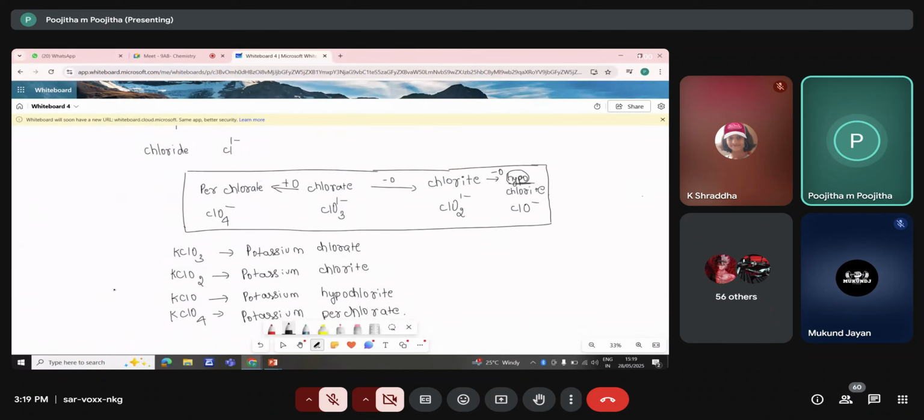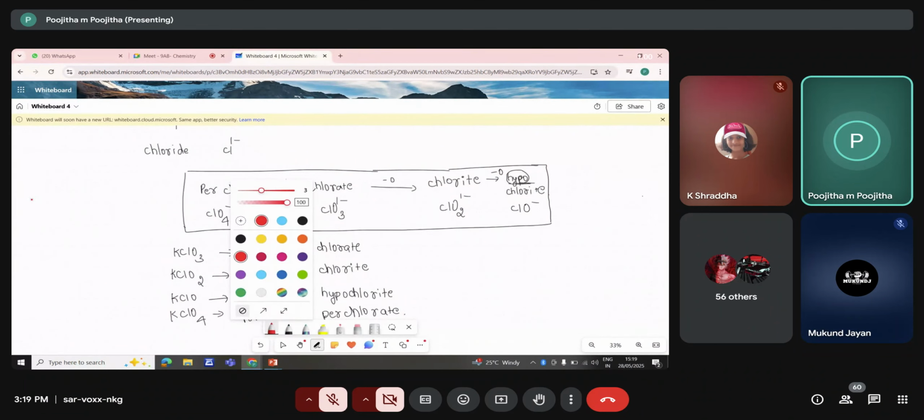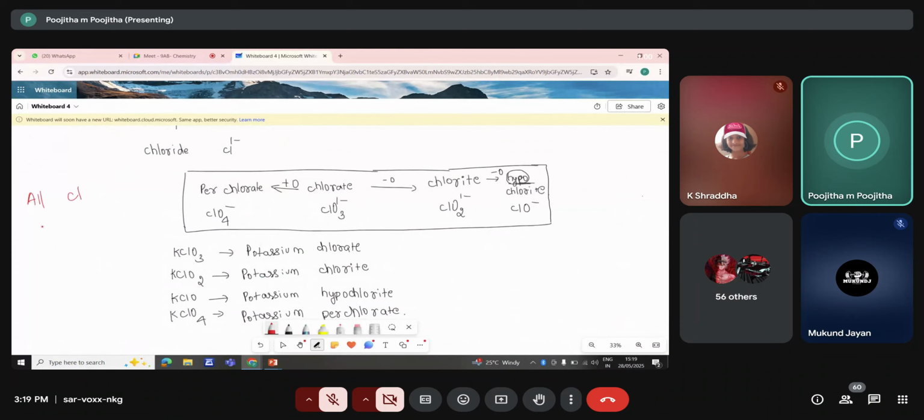One more hint, children. One more trick. How will you remember? All chlorine containing ones, what inference did you draw from this? They have valency of -1. Like that you should remember. Understood? Chloride, valency -1. Chlorate, valency -1. All these have valency of -1.